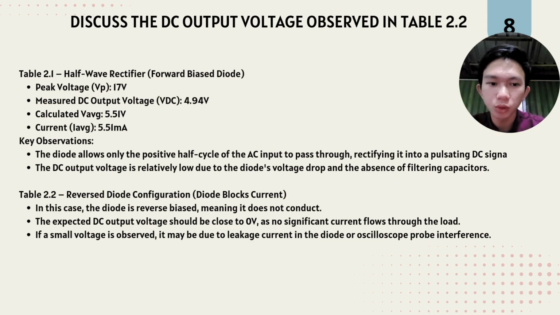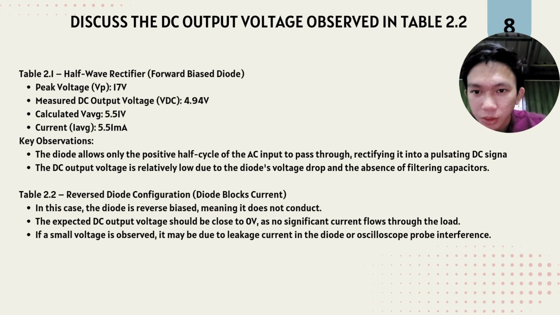So for question 3, discuss the DC voltage observed in table 2.2. From table 2.1, half-wave rectifier forward bias diode, Vp equal to 17, VDC 4.94 volt, calculated average voltage 5.51 volt, current average 5.1 milliampere.